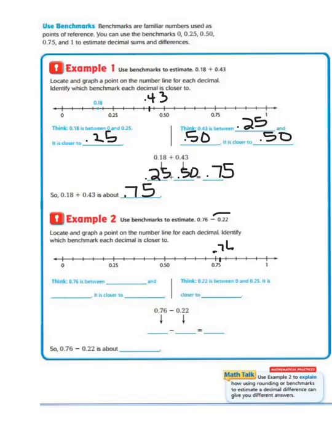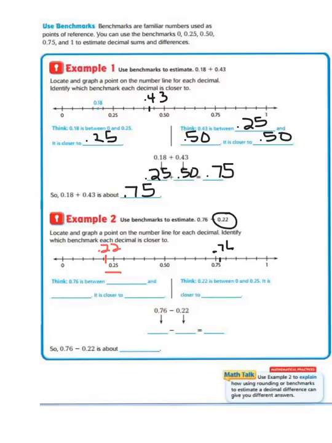Then we look at our other one. We have 22 hundredths. Well, we know that one of our benchmarks is 25 hundredths. So we know that our 22 hundredths is going to be really close to our 25 hundredths. So we will place it like right there and we will label it.